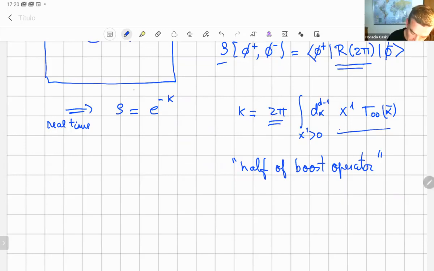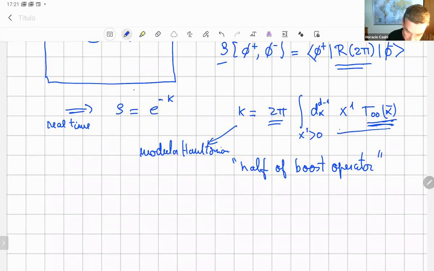This is the modular Hamiltonian. In this case, which is very peculiar because it is local in the energy density operator. It's an integral of a local operator. In this case, it's only given by an integral of the energy density.